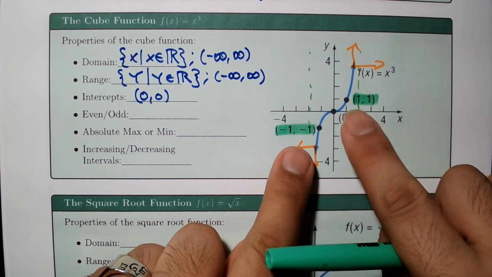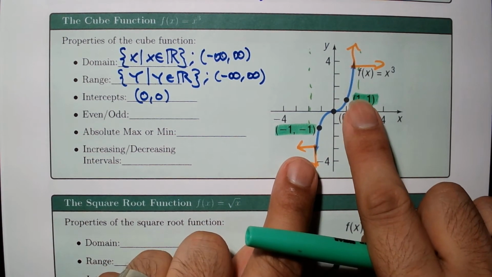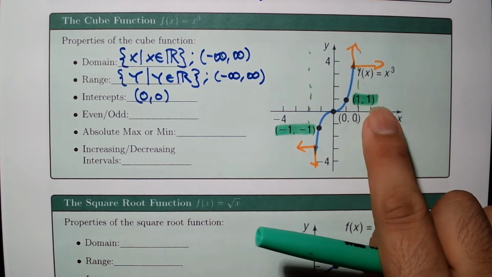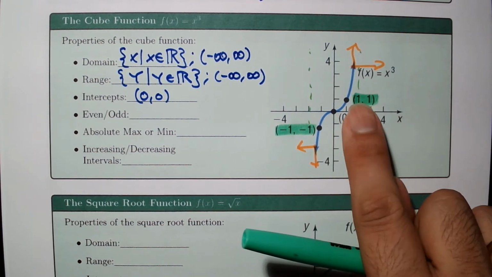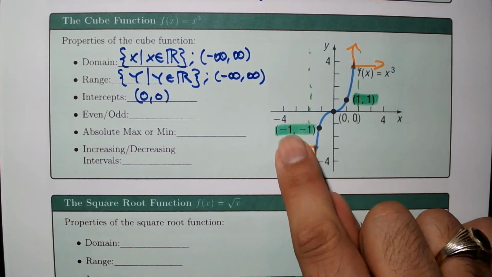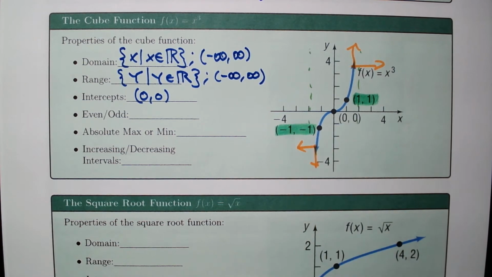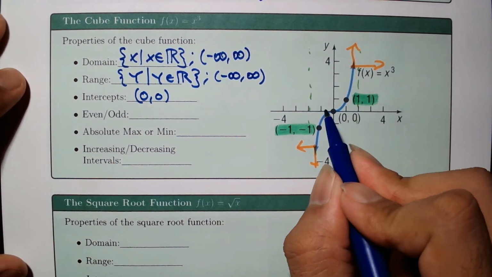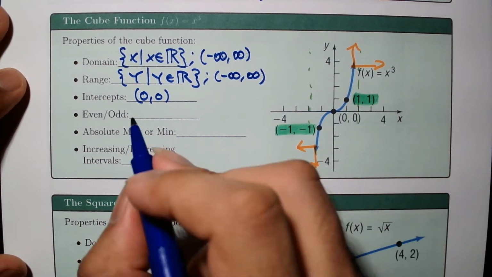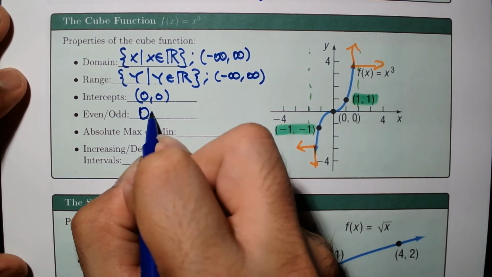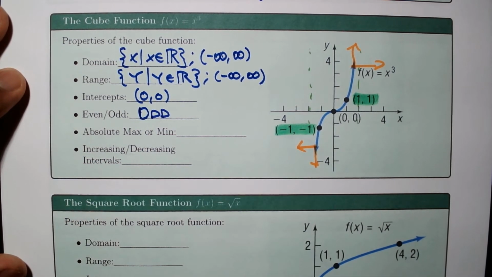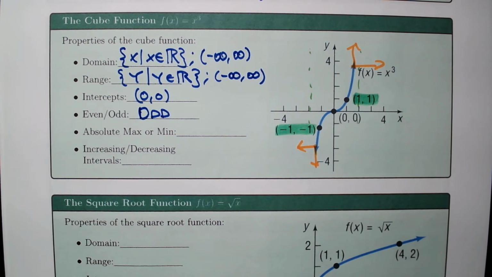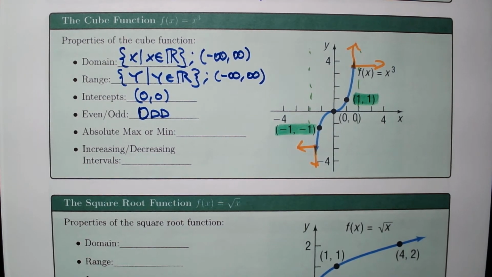So in this case, if I choose the point (1, 1), we change the sign of both numbers and we get a point that is also on the graph of that function, then it's symmetric about the origin. So because this function is symmetric about the origin, it is odd. Absolute max and absolute min, well, in this case it doesn't apply.